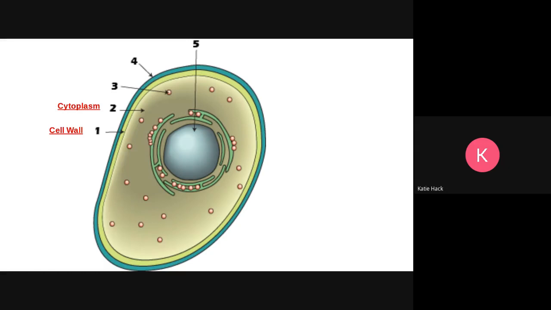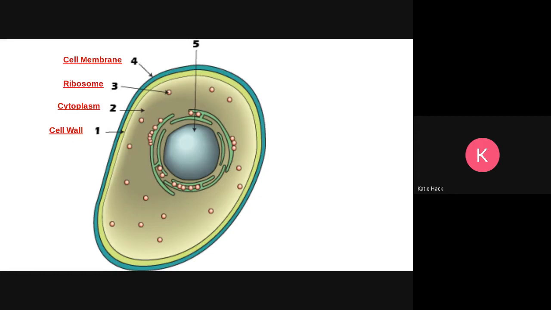Remember that the fluid portion is cytosol, and the fluid with all organelles together is cytoplasm. Number 3 is a ribosome. Isn't this familiar from the prokaryotic cell? So both eukaryotic and prokaryotic cells contain all 3 of these cell characteristics.